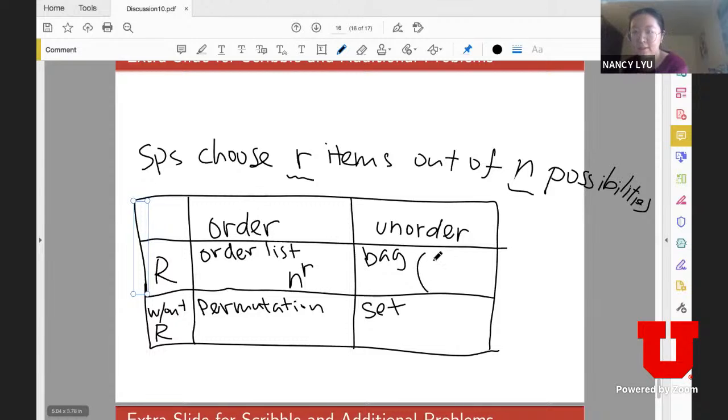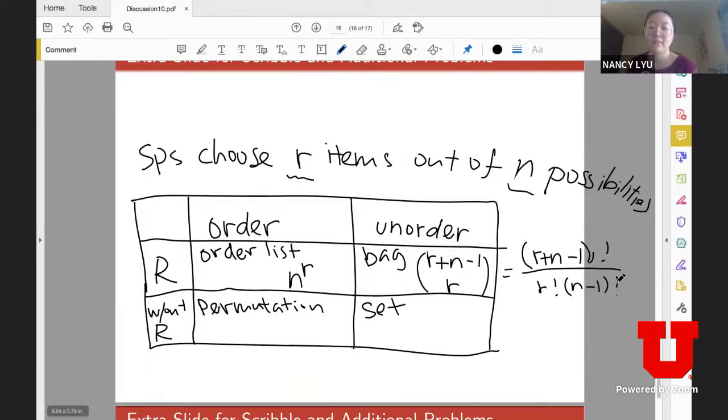So we're going to use this formula: R plus N minus 1, choose R. And I hope you know how to compute this one. Okay.